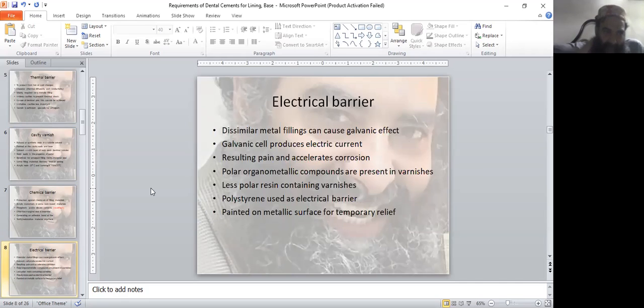Now, the electrical barrier. Similar metal fillings can cause galvanic effects. Already you people know about that. Galvanic cell produces electric current, which ultimately results in pain and accelerates corrosion also. Polar organometallic compounds are present in varnishes, and less polar resin containing varnishes are also there.